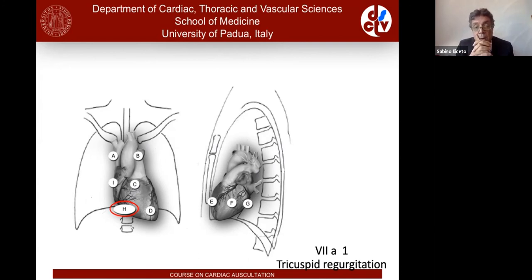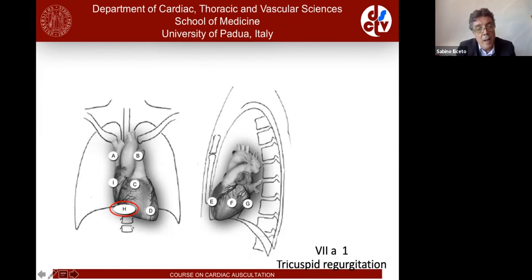And if something like this occurs, it can also occur that the right ventricle dilates, and because of this, tricuspid regurgitation occurs. I don't want to go into the detail of tricuspid regurgitation, because, as I told you, this will be a topic specifically explored, but I want just to show you a few things about tricuspid regurgitation. First, that this is the area where this is better heard, that is different from this one.